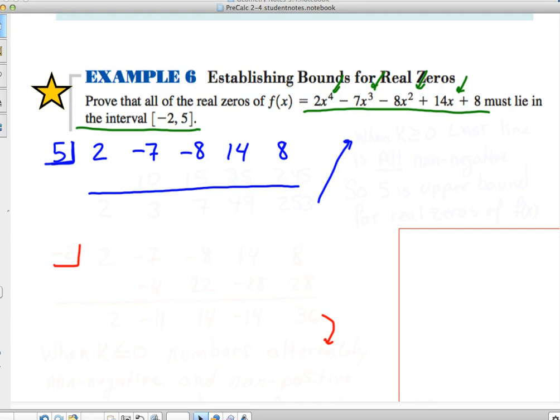Now, I've got my 5 in there. I'm wondering, is 5 an upper bound? Remember the restrictions for my upper bound: it's non-negative, either positive or 0 in every entry when I finally divide by 5. So I drop my 2 and multiply by 5, and I get 10. So I get 3 after I add.